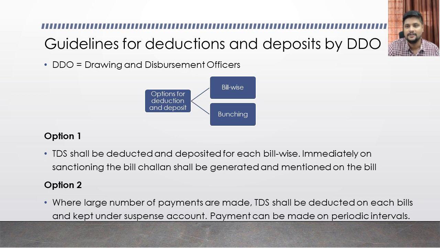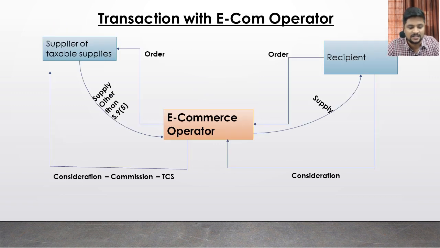We are now going to discuss provisions relating to TCS under GST. Under GST, to whom is this TCS provision applicable? This TCS provision is applicable to a person who does a transaction through an e-commerce operator.